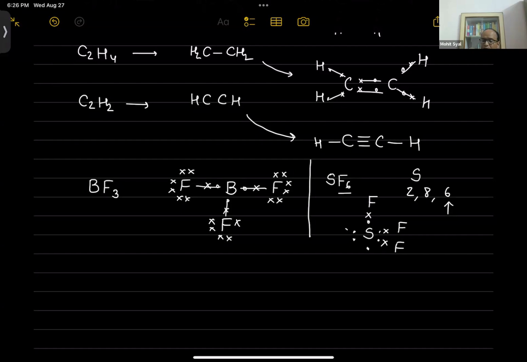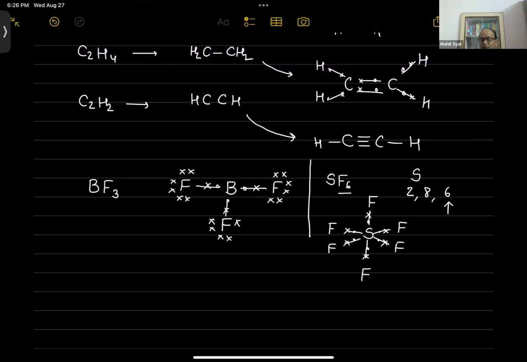And you can see that we can't stop even if the octet is completed, because this molecule is very stable. Got it?